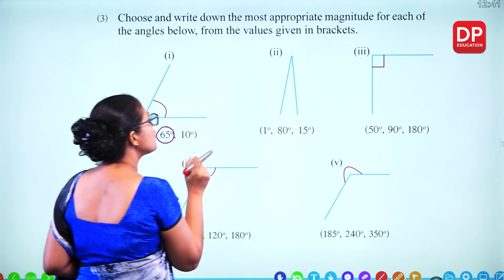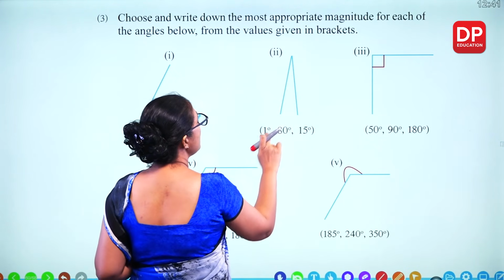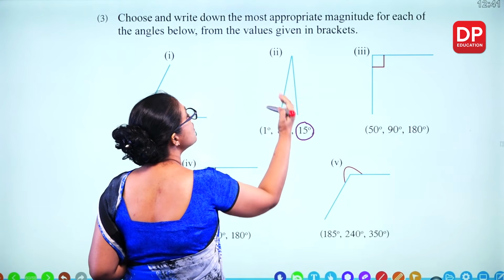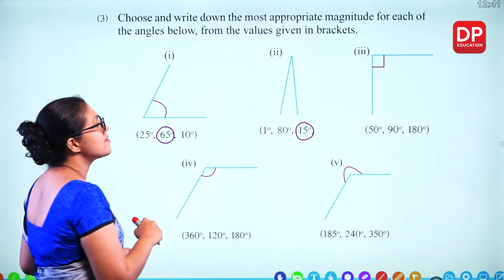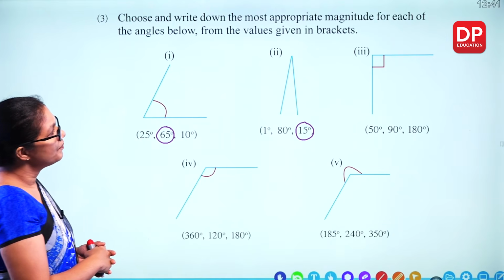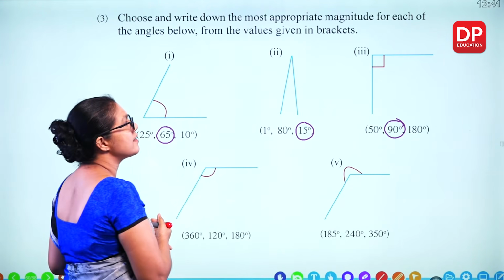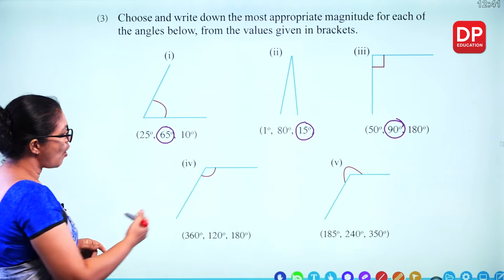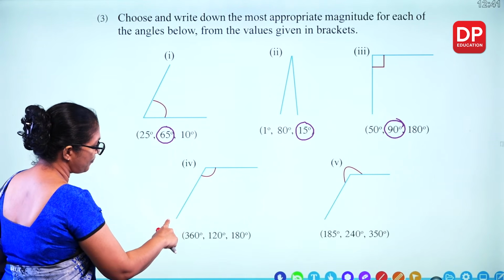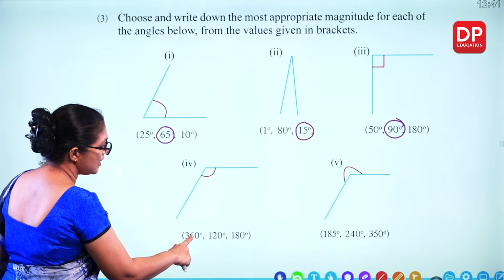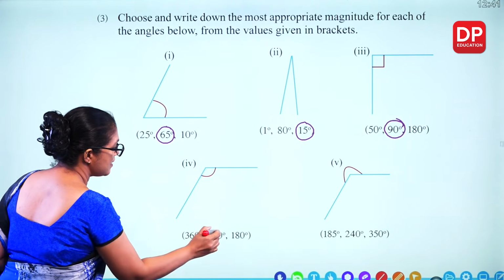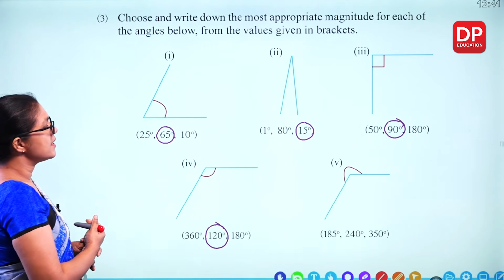This one is a very small degree, 1 cannot be. So this can be 15. 80 is too big. This is a 90 degree angle. You can take 90 degree angle. This is an obtuse angle. Obtuse, you can't get 180 or 360, that's 120.